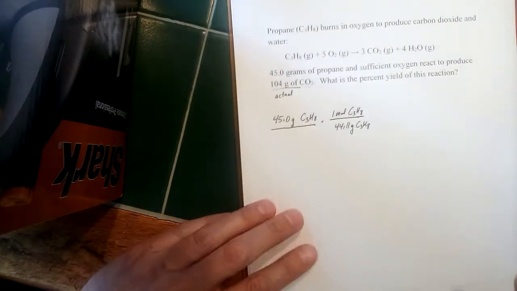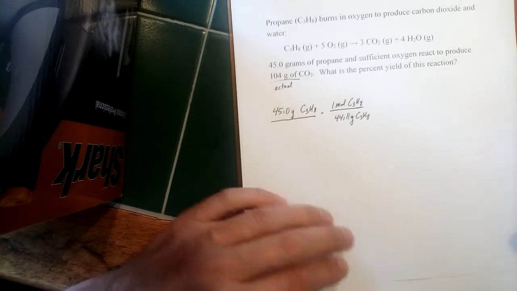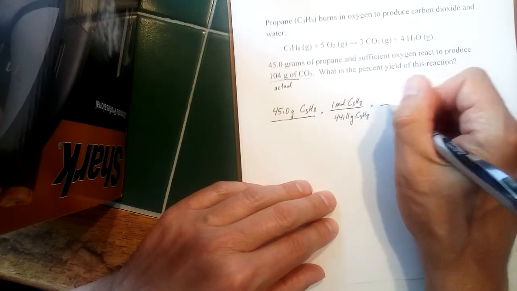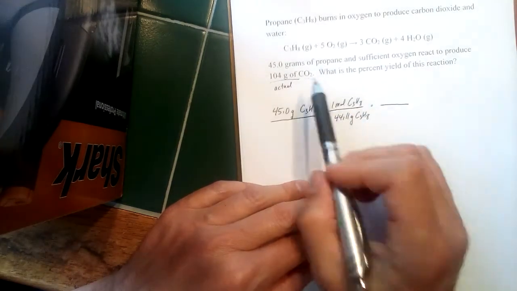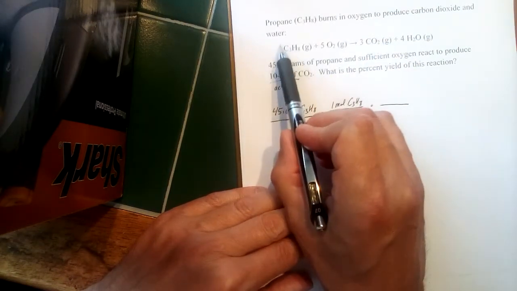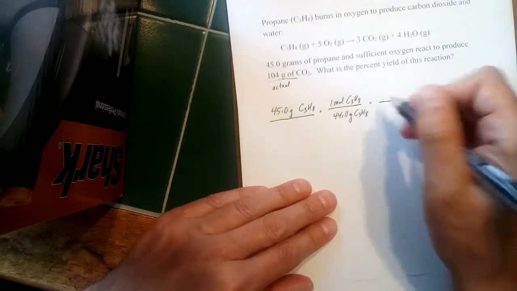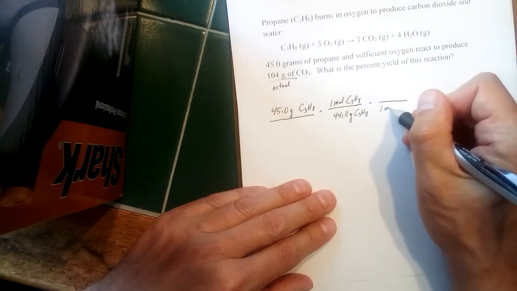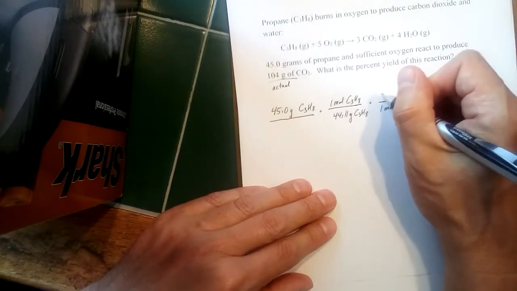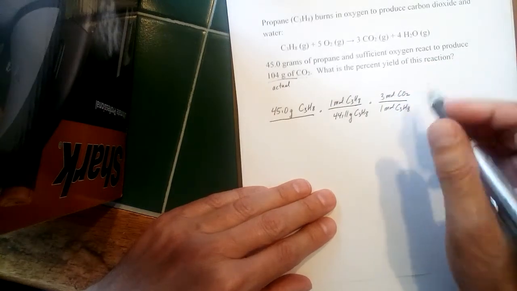So again, if you don't remember that, that's not something you should have memorized, but you can always find that in your periodic table. From moles of propane, we can look at our balanced equation. Now we're comparing CO2 here from our actual yield to our theoretical yield. So 1 mole of propane reacts to produce 3 moles of CO2. We put the propane on the bottom because that's the unit we're trying to cancel out. We put the carbon dioxide on top, 3 moles of carbon dioxide.